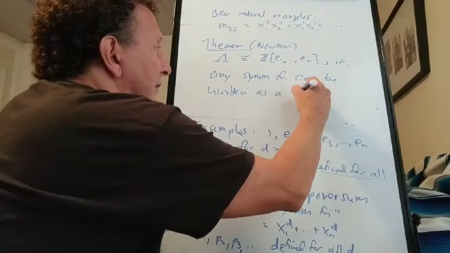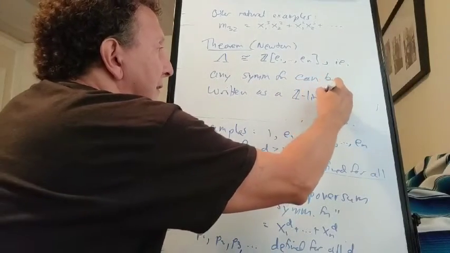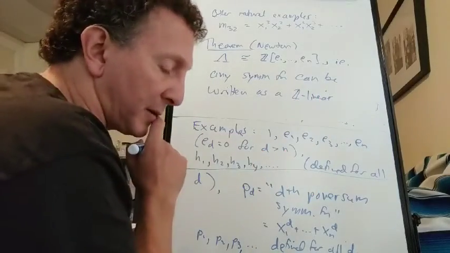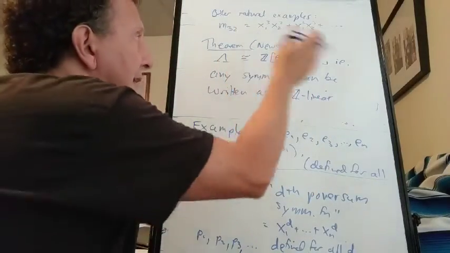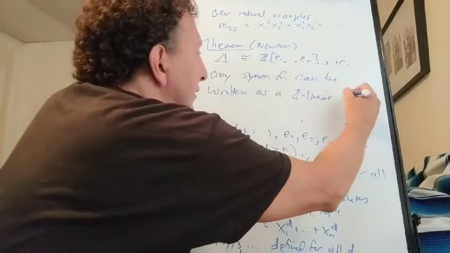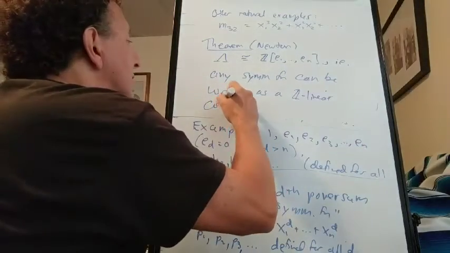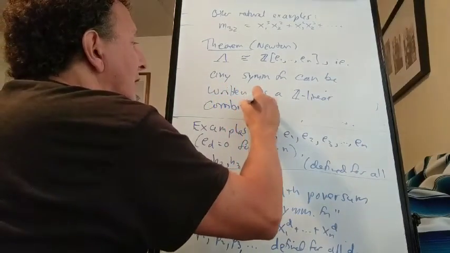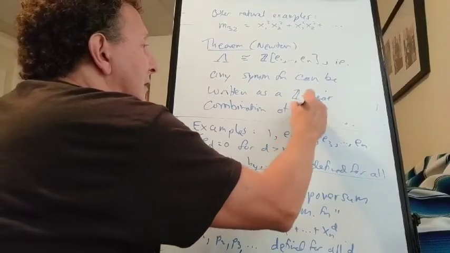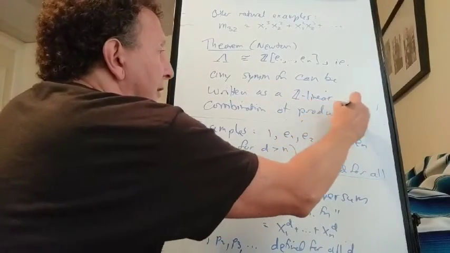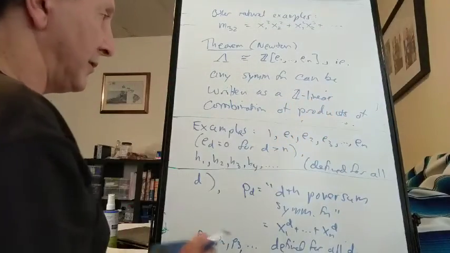So not only sum, well, I guess it could be a sum because we could add anything to itself multiple times. Well, a Z-linear combination of products of elementary symmetric functions.